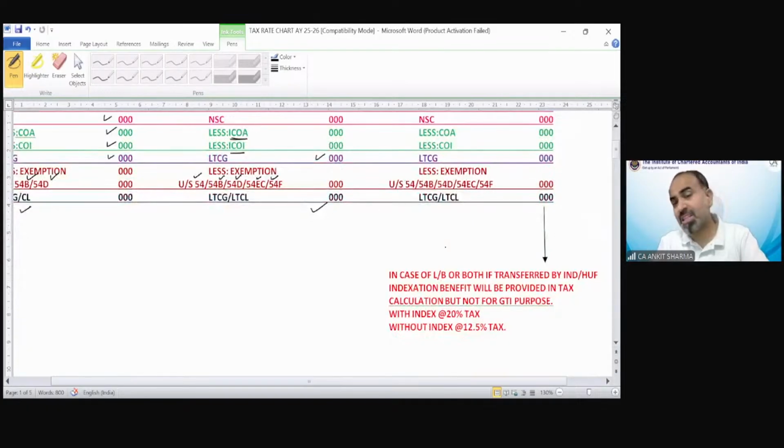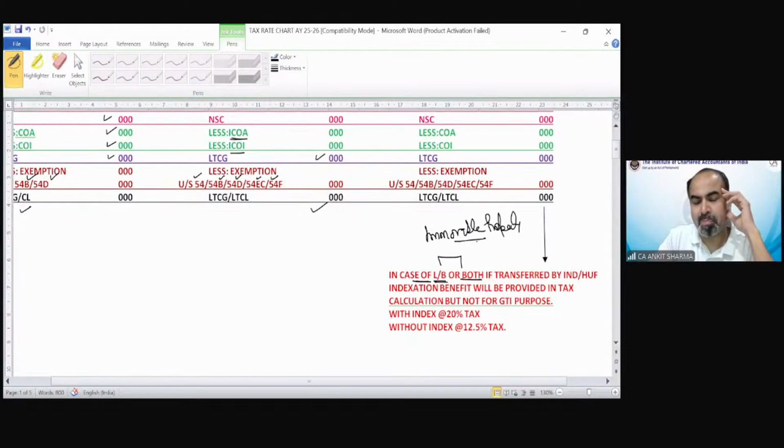But there is a special circumstance: in case of land or building or both, that means immovable property, the government has made a provision only for individual and HUF, those who are resident.